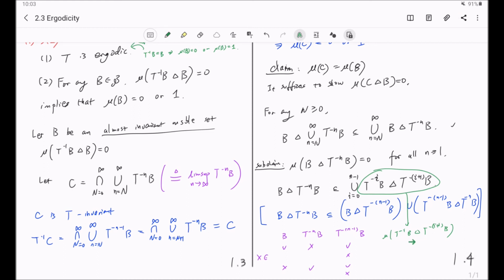And you know, because the inverse of a map has a good property that it commutes with any set theoretical operations, this guy is the same as the symmetric difference of B and T inverse B.